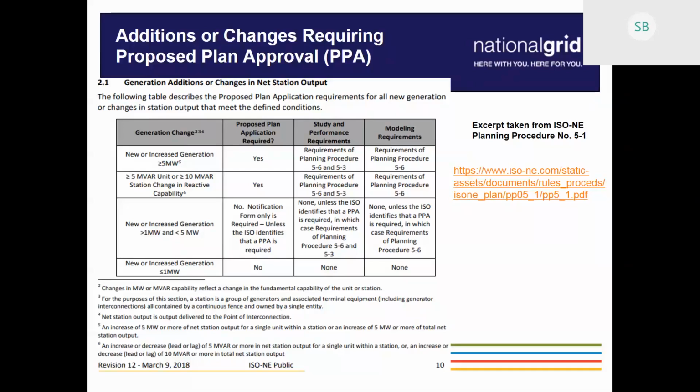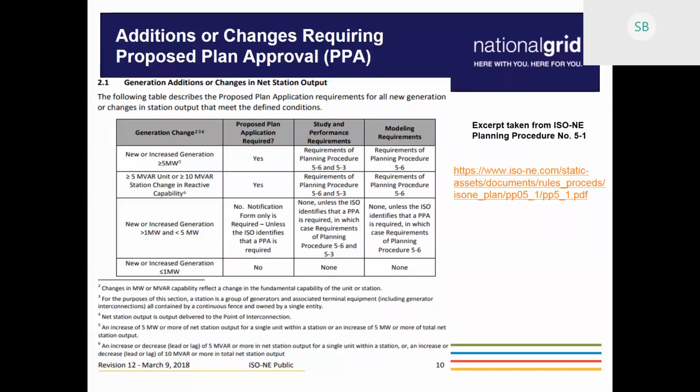To explain that a little more, let's say a particular developer has multiple projects that are between 1 and 5 megawatts, but they connect into the existing feeders and there's no load in between.